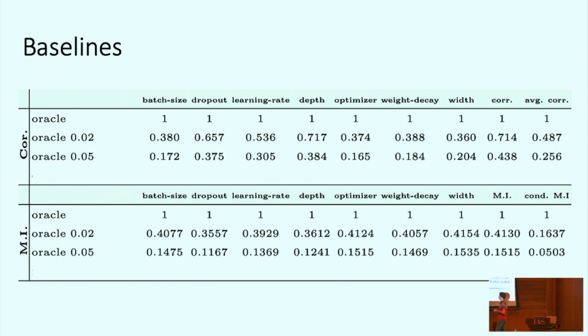Each column here is mutual information between the measure and generalization conditioned on this hyperparameter. So this says if I know the batch size of these two different models, then how well can I predict generalization. And this number is between 0 and 1. 1 means if I know the batch size, I can predict the generalization perfectly. And then you can see different numbers for conditioning on different hyperparameters.